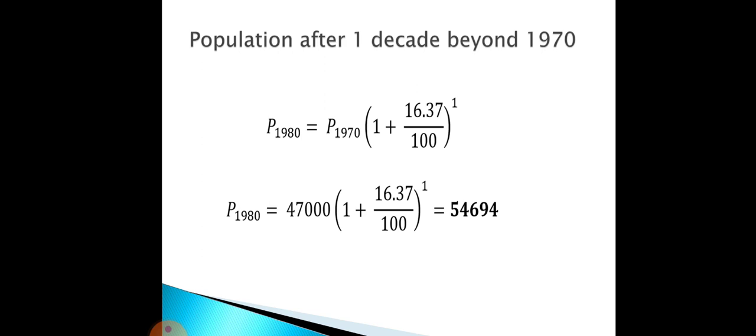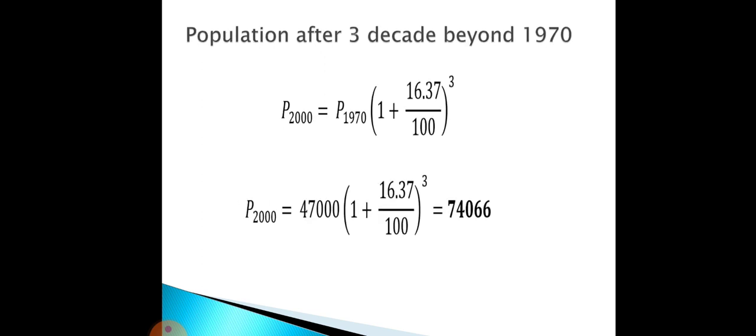In 1970 the population is 47,000 into (1 plus 16.37 divided by 100). From 1970 to 1980 it is 1 decade. So we obtained the population in 1980 as 54,694.